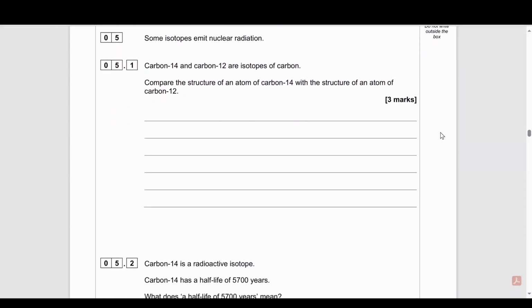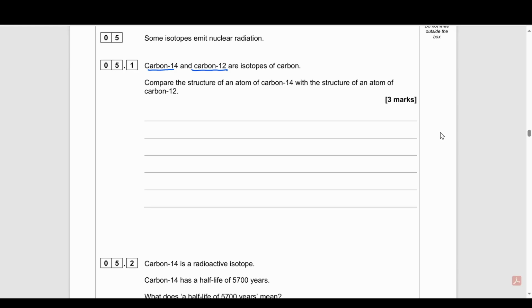Question 5. Some isotopes emit nuclear radiation. Carbon-14 and carbon-12 are isotopes of carbon. Compare the structure of an atom of carbon-14 with the structure of an atom of carbon-12. Now remember, this will be a physics exam, so you won't be supplied with the periodic table.